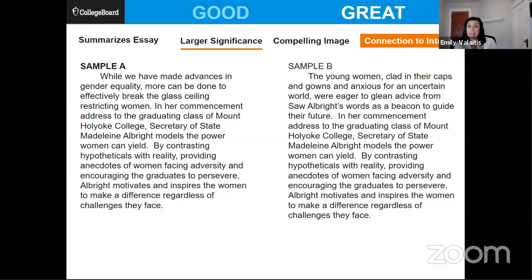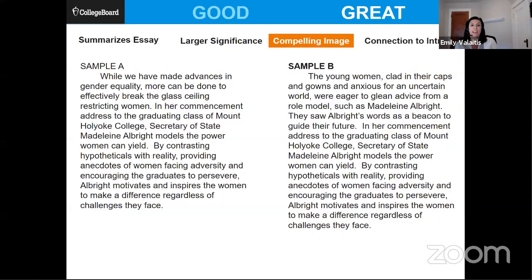All right, sample B is also great, but this time it's great for a different reason. I think that this student does a really nice job of setting that scene, making a compelling image, specifically of the young women clad in their caps and gowns and anxious for an uncertain world.